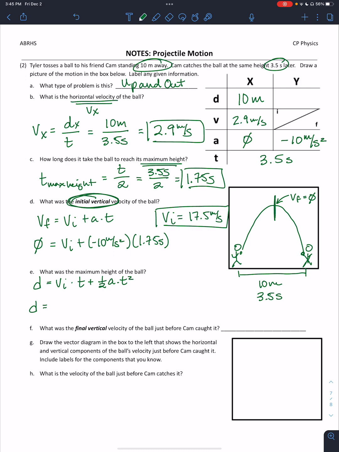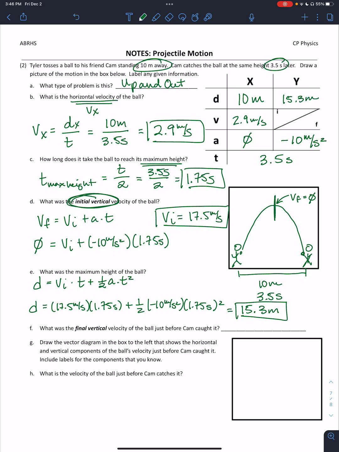So distance is equal to 17.5 meters per second times, whoops, that time is 1.75, not 0, seconds, plus 1/2 negative 10 meters per second squared times 1.75 seconds squared. With all those values plugged in, I use my calculator and find that maximum height is 15.3 meters.